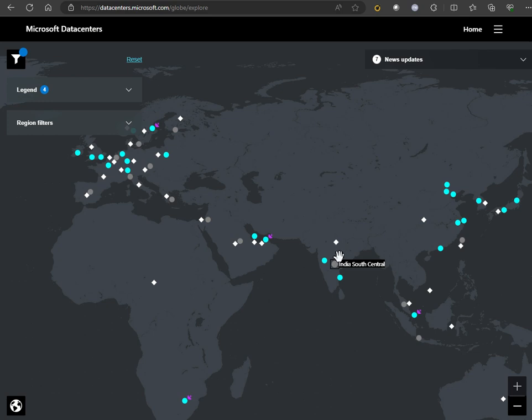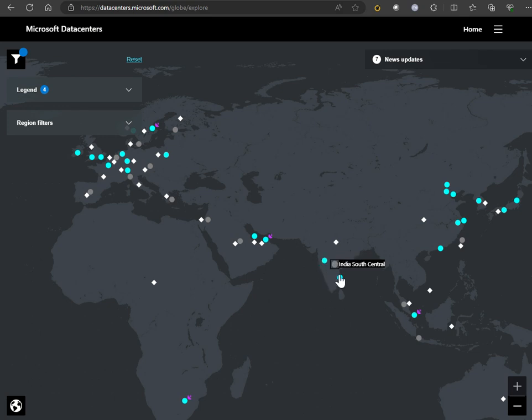The use of dividing a geography into regions is that we can set up the Azure infrastructure or the cloud in these regions and make them available to all the users of the country, and most importantly the people who are near to that region, based on the proximity of the users.